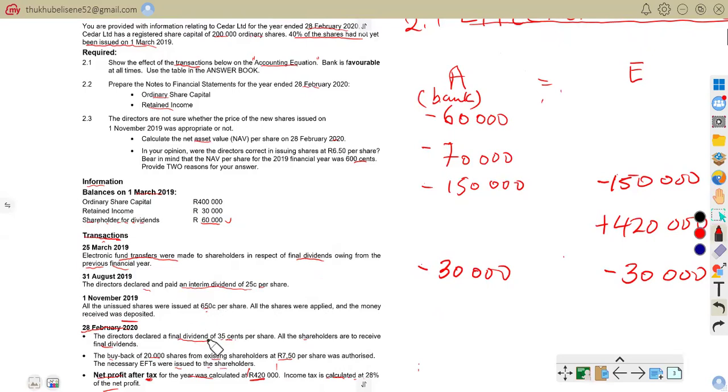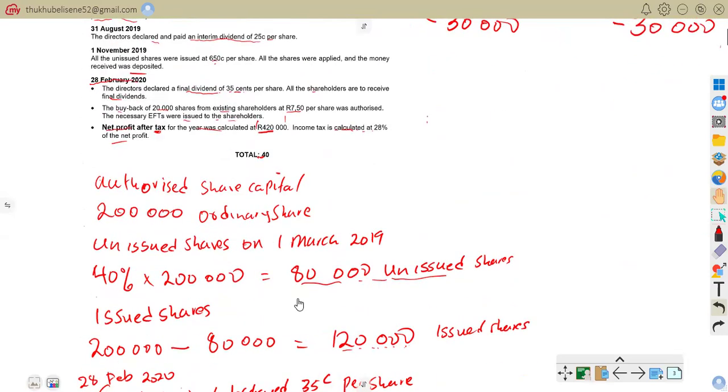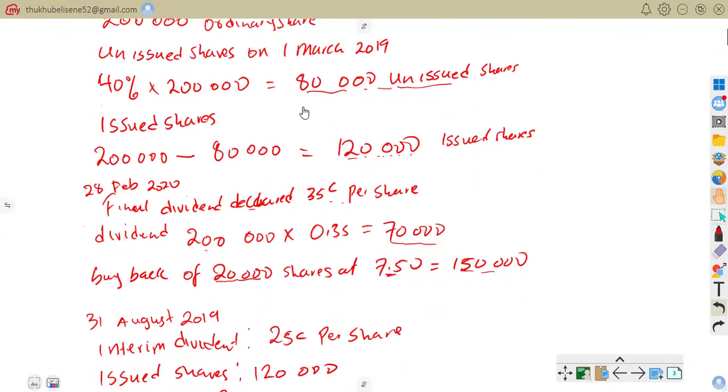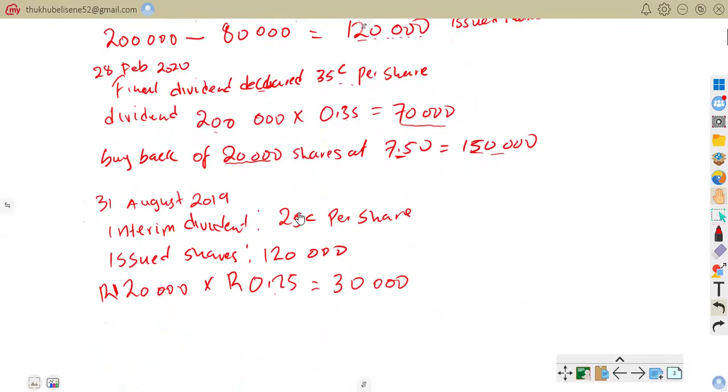So what we are going to do, we are going to say unissued shares. How much was our unissued shares? We know very well that our unissued shares were 80,000.